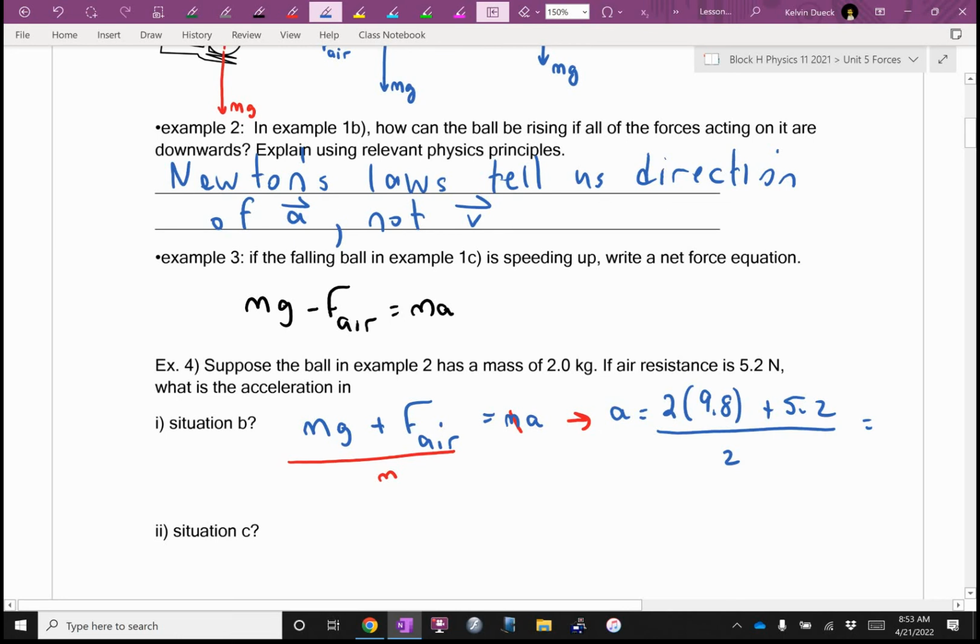Well, maybe. It's going to be 19.6 plus 5 is going to be 24.8, 12. No, that can't be right, Mr. Dewick. 12.4? Okay, it was right. Oh yeah, it's bigger than G because gravity and air resistance are both slowing it down. So instead of being slowed down at 9.8, two things are slowing it down, 12.4.